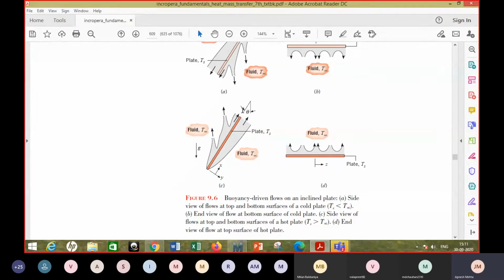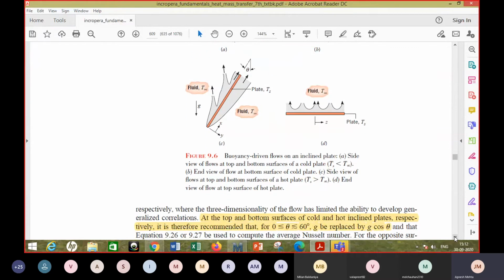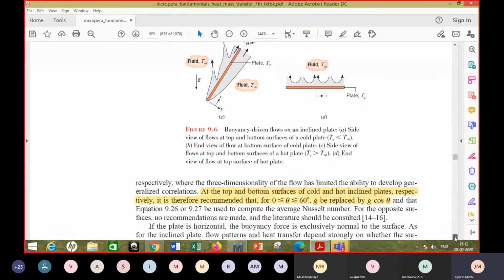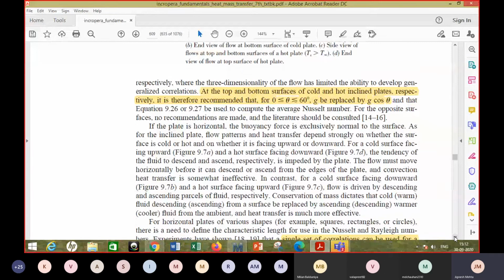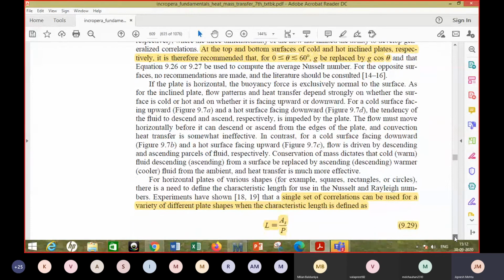And again, a horizontal plate with the top surface hot. This is the kind of pattern of flow of air that might get generated. So when you choose a correlation, you should be choosing the right correlation for the given case, right?